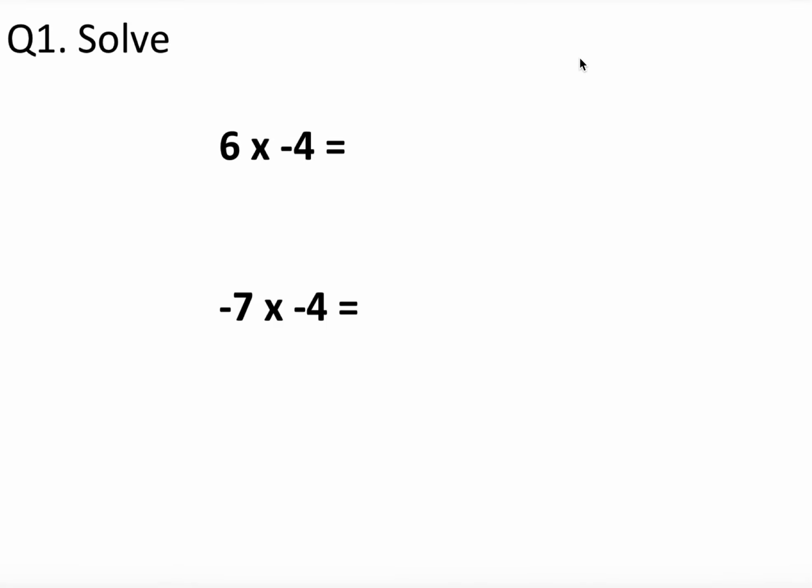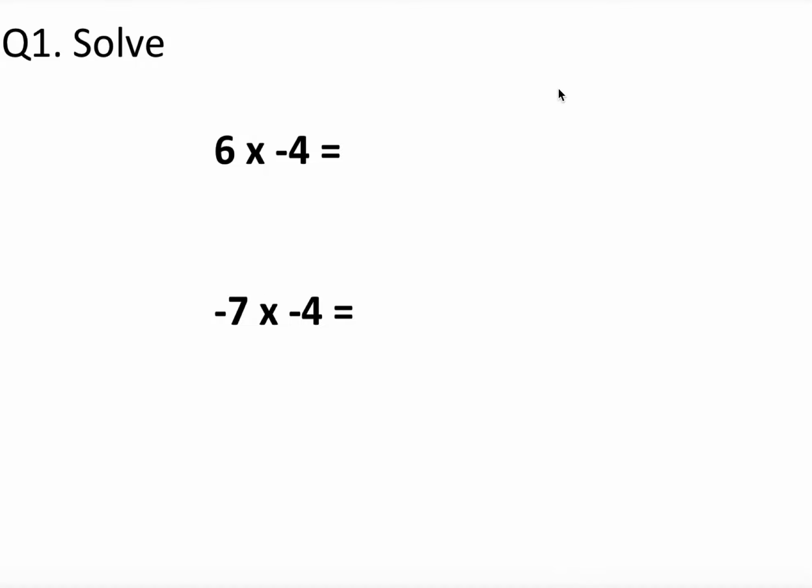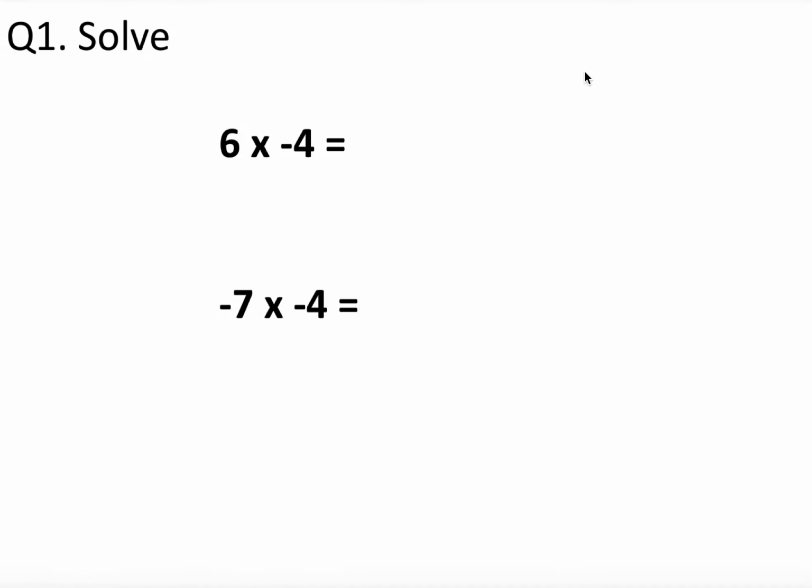Right, what's question one? We've got a couple of things to solve here. The first one is 6 times 4. So we've got to solve that. So what are 6 fours?